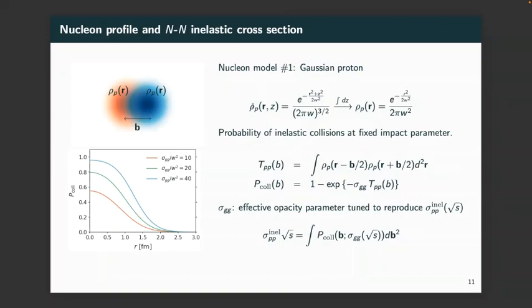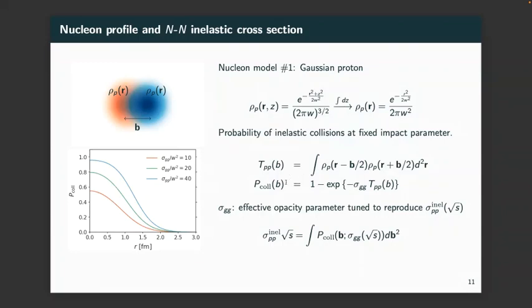And in Trento, currently there are 2 types of proton models implemented. One is just a Gaussian proton, where you consider the transverse density is a 2D Gaussian, and then you apply the optical limit of the Glauber model to say that the probability for the proton to collide is that some internal constituents of the proton may collide.